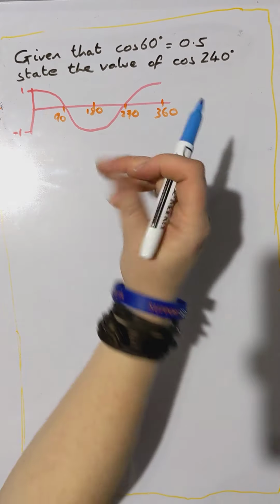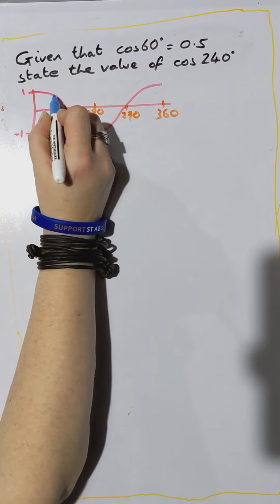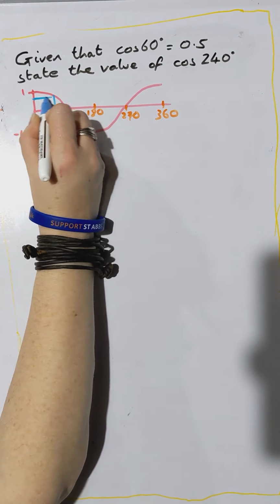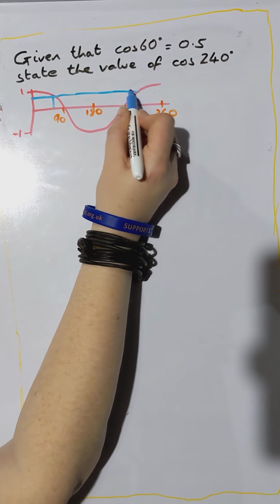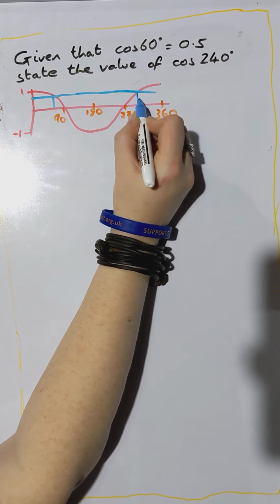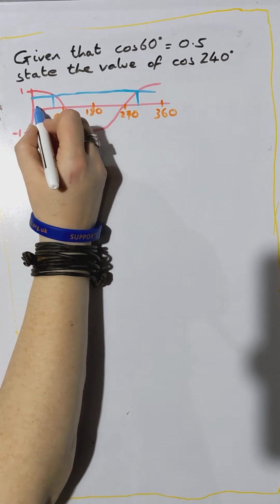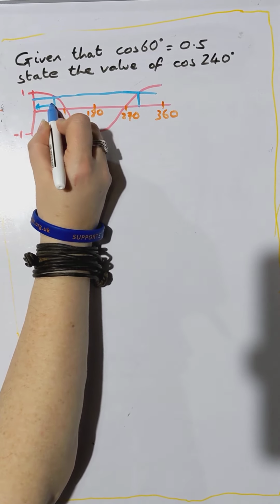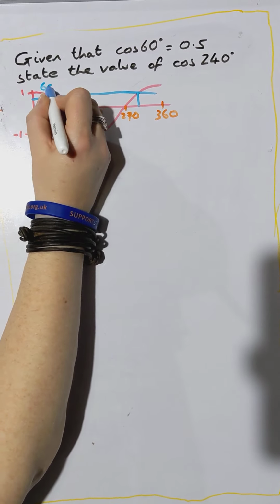We're told that cos of 60 is 0.5. And if we keep going, we're going to get another answer over there. So we know from there to there is 60 degrees.